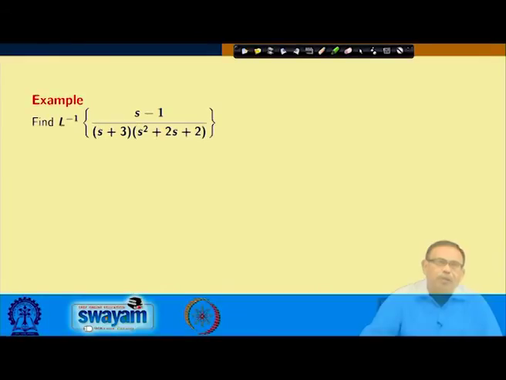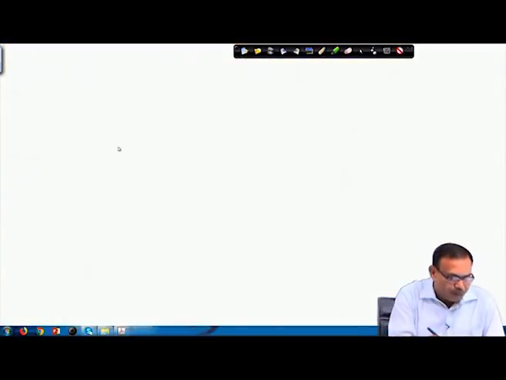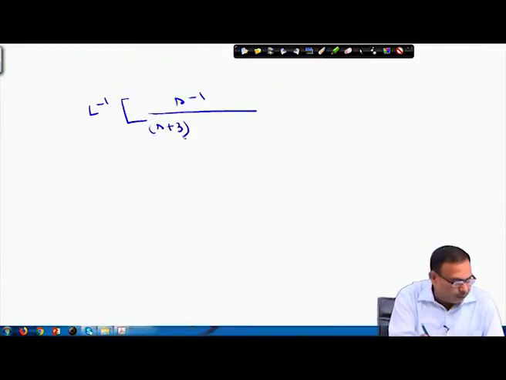My next example is Laplace inverse of s minus 1 by s plus 3 into s squared plus 2s plus 2.